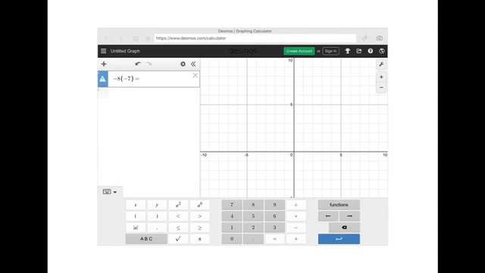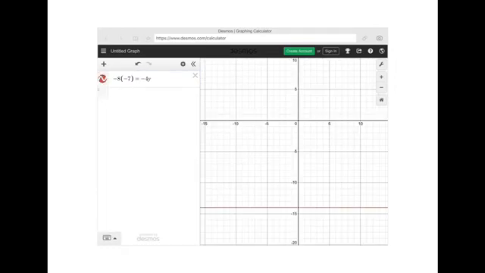So we have -4y. It should cross the y-axis at -14. So we click down here and verify the answer. It's a little glitch, but you can see that it's right there. So our solution is at -14. So y is equal to -14.